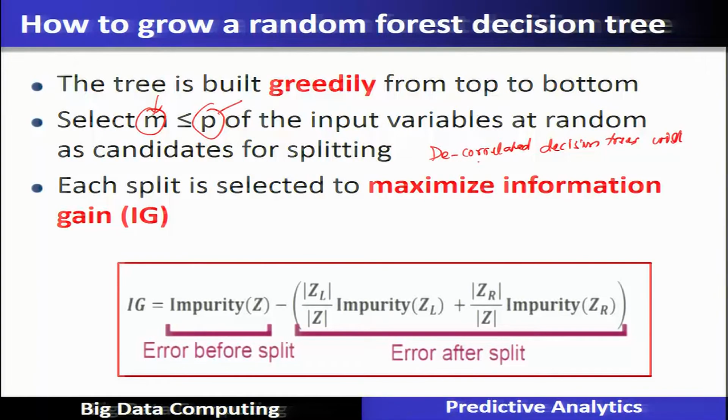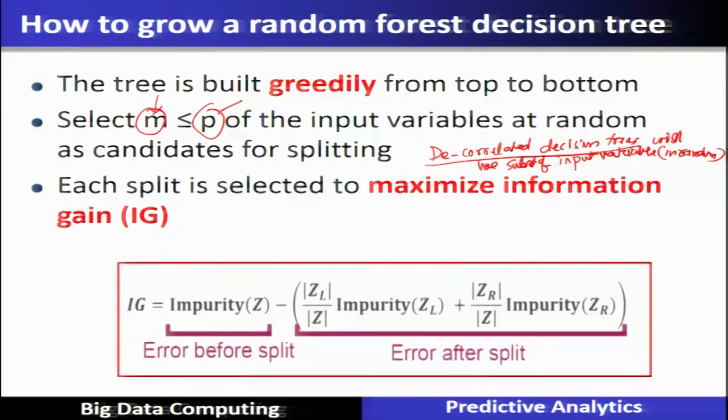We will use a subset of the input variables in random order. That is why it is called a decorrelated decision tree, because not all input variables are used, but a subset of the input variables is used for the tree induction, that is, they will be used to decide the candidates for the splitting.